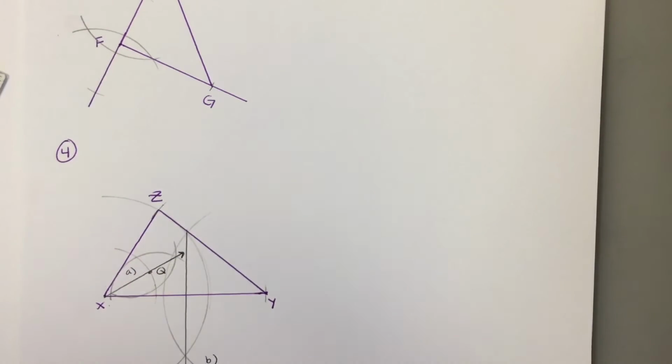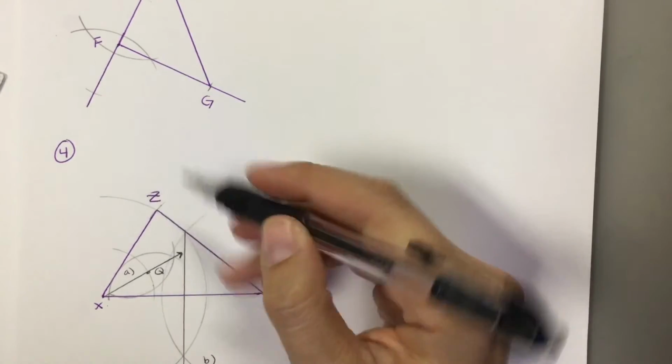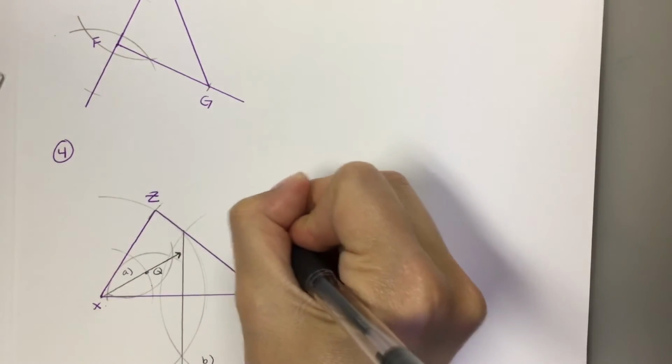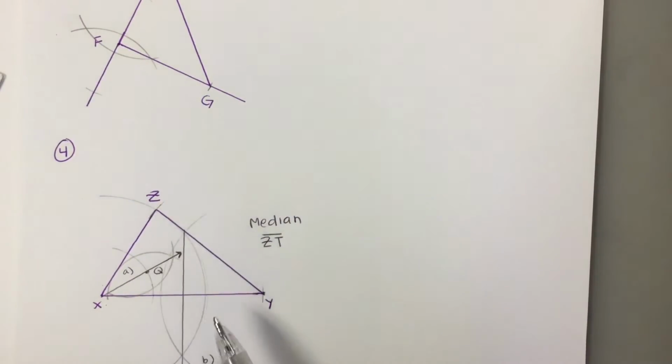And for part C, it says construct the median ZT. So medians go from a vertex to the opposite midpoint. So if we want median ZT, we want to go from Z to the opposite midpoint.